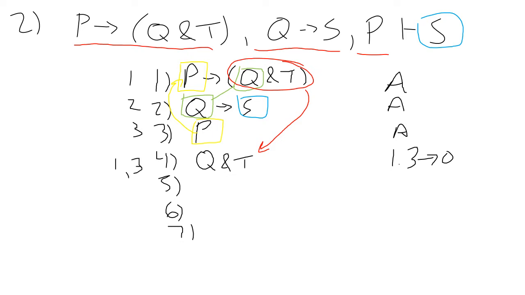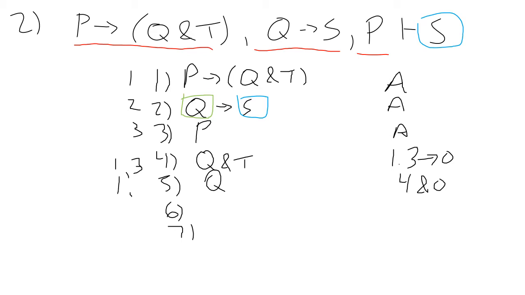Now, we're still looking for that Q, so we can break that Q apart from the T by writing Q. From 4, ampersand out, and 3. Now I can write the T using the same rule. I'm not going to need it, but it's alright to write it.